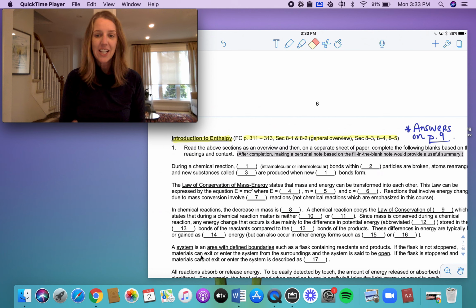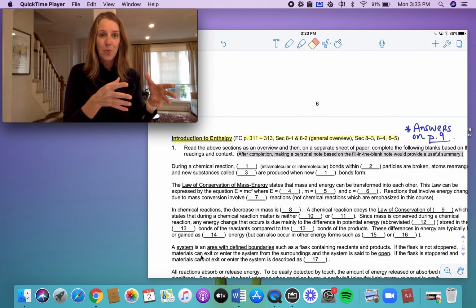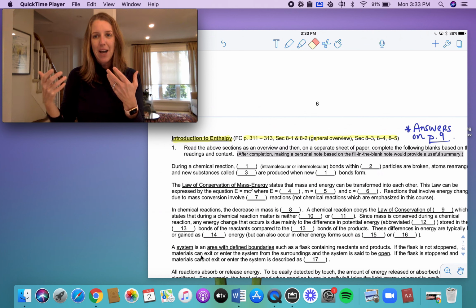But it just has to do with that law of conservation of mass or energy, right? The energy going in has to be equal to the energy coming out. So you can think of it in terms of, is heat needed to be applied on the reactant side, or is heat escaping on the product side? Because the total amount of energy that's stored in the bonds and that is given on the reactant side will be equal to the total amount of energy on the product side, whether that energy is tallied up by the bonds that are formed in the new products and then the heat, vice versa.